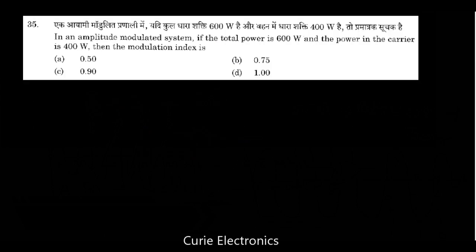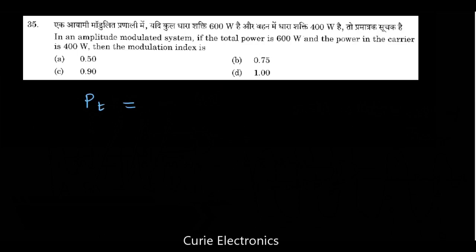Question number 35. In an amplitude modulated system, if the total power is 600 watt and the power in the carrier is 400 watt, then the modulation index is. In AM, the total power varies with modulation index. So what is the equation?